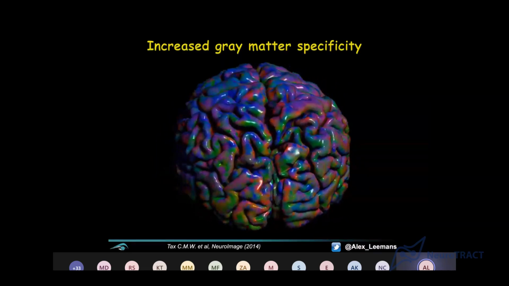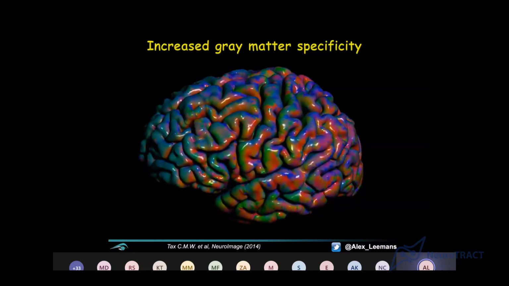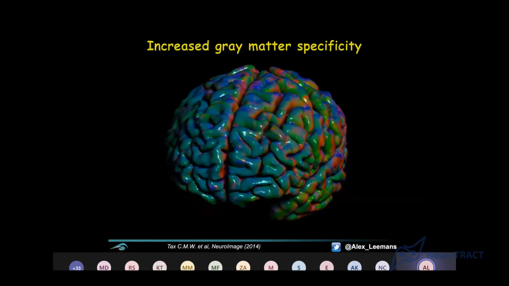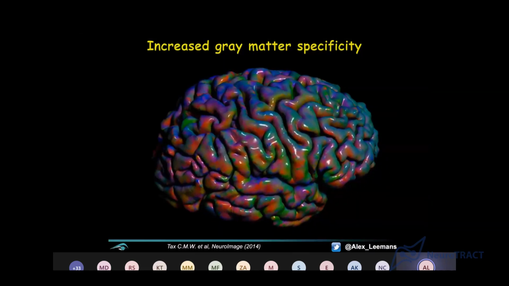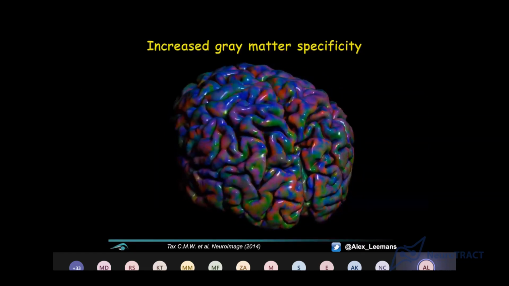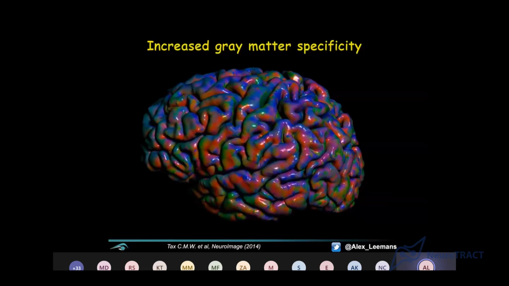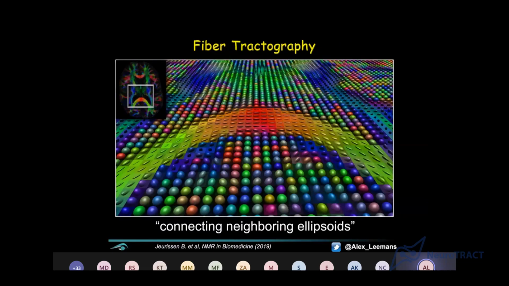Everything going left, right is in red, up, down in blue, front, back in green. So there is a preference in how pathways enter the cortex, which is typically perpendicular. So perpendicular to the cortex, you see the orientation of the underlying dominant orientation on average. And this is not perfect, right?